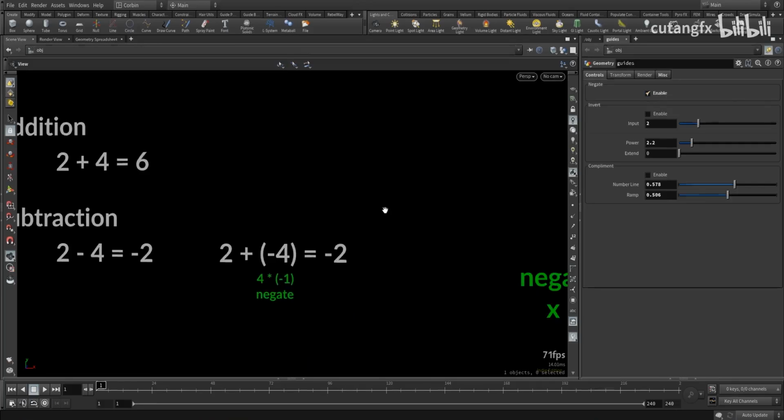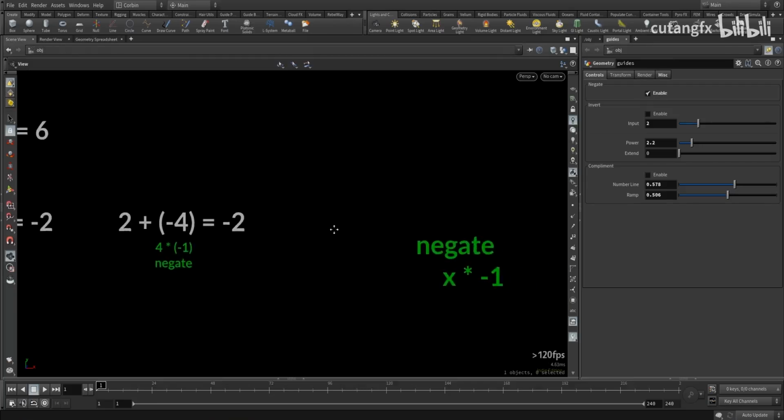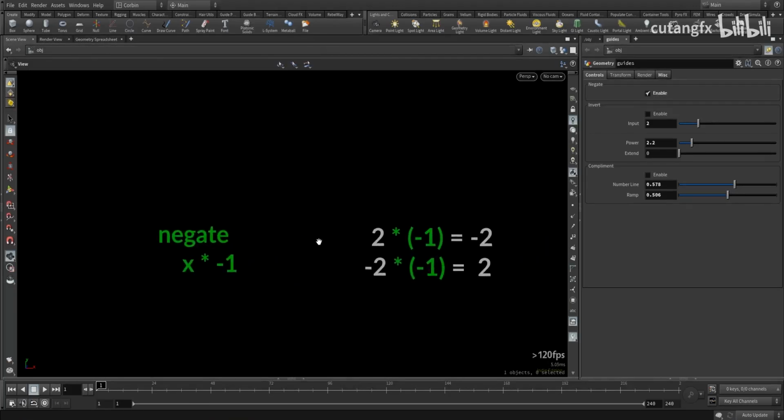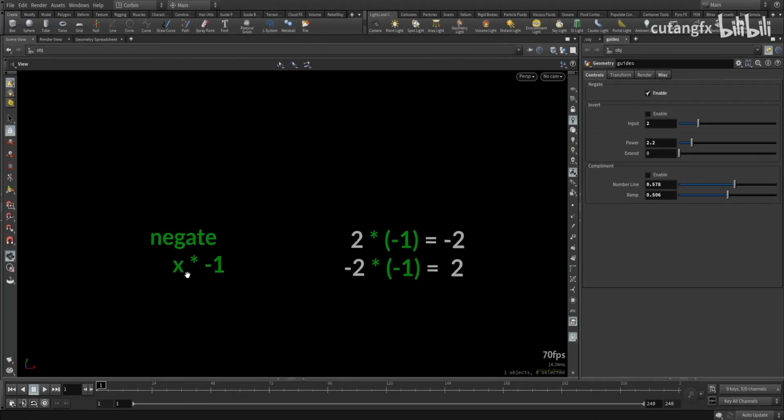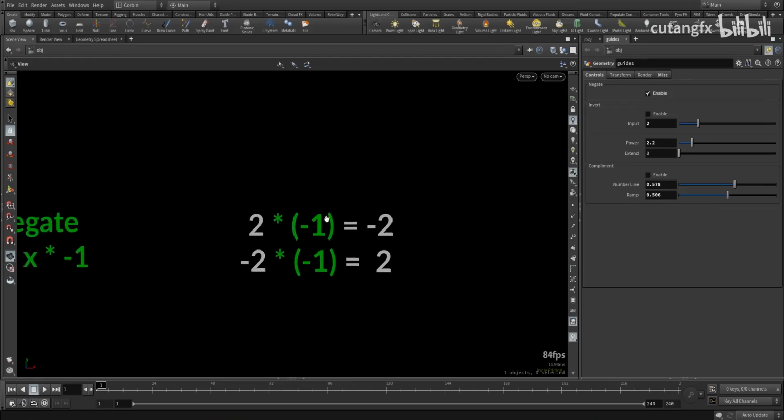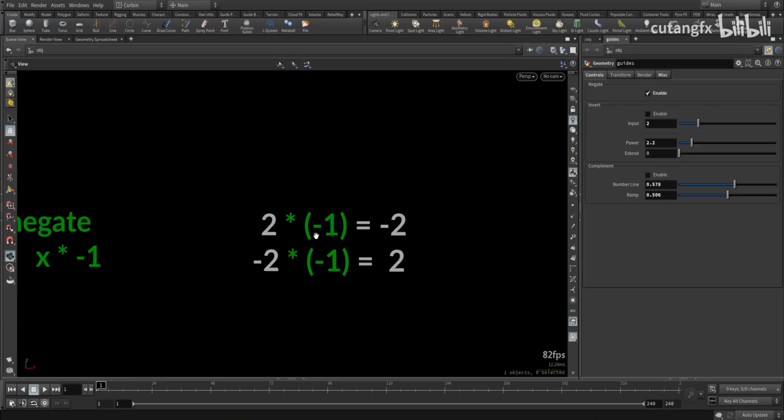And negating is actually a function that we find in VOPs. In VEX, it isn't a function on its own, but you can simply multiply by negative 1. So 2 multiplied by negative 1 gives us negative 2, and negative 2 multiplied by negative 1 gives us 2, right? Very simple. We're essentially just altering the sign at the front.